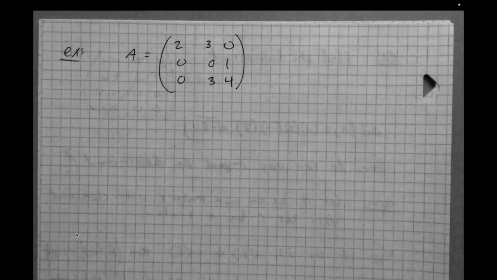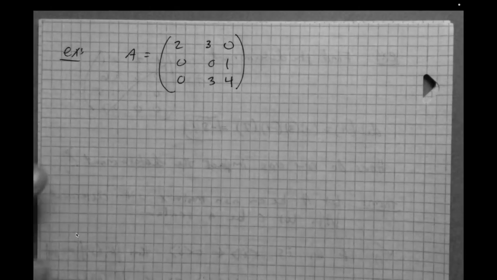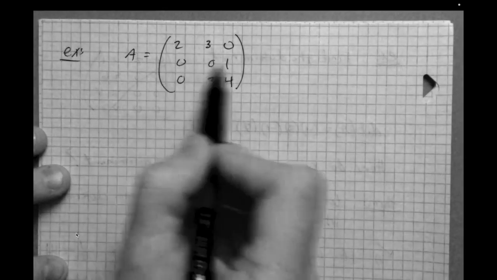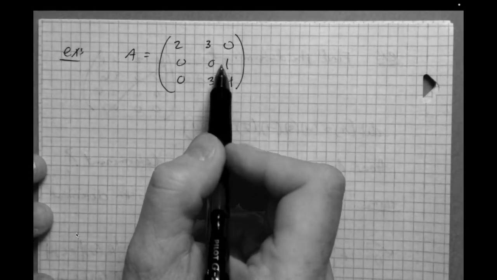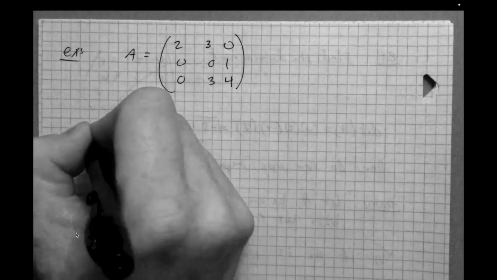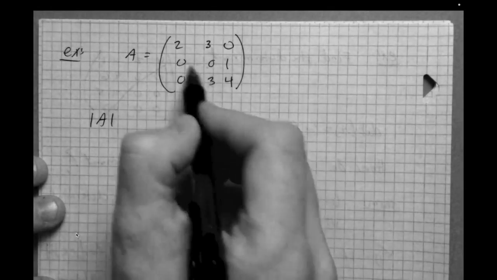What's the determinant of A? Well, this is not upper triangular, so we can't just multiply the diagonal entries. But we can do a row expansion across row 2 because everything's 0 there except for entry 2, 3. So let's do a row expansion across row 2.